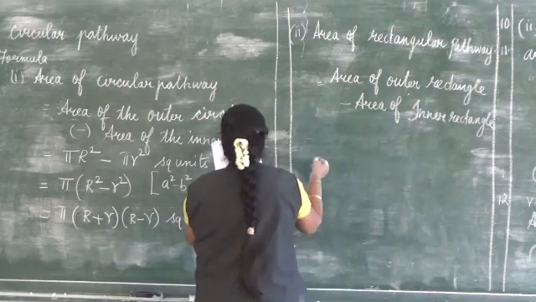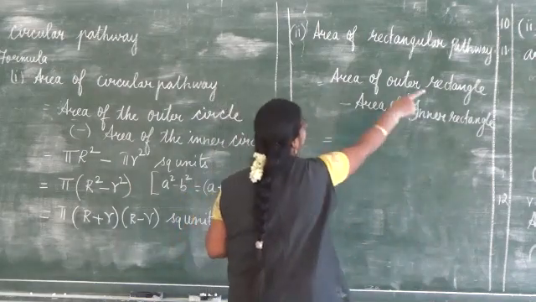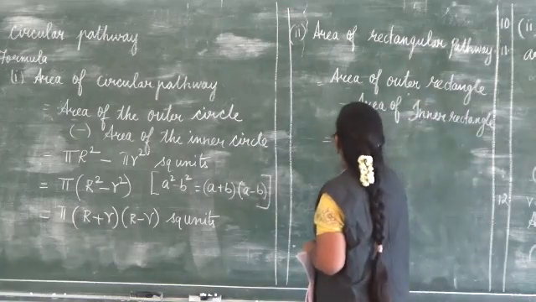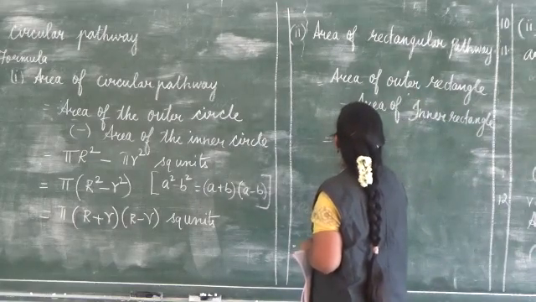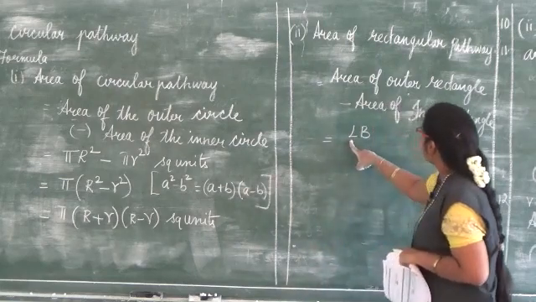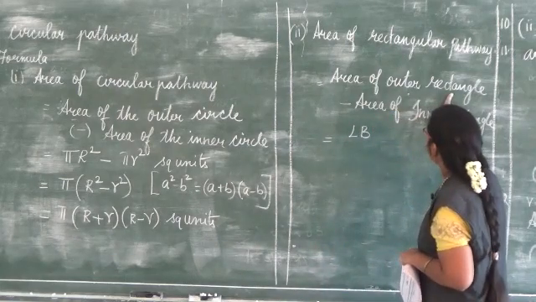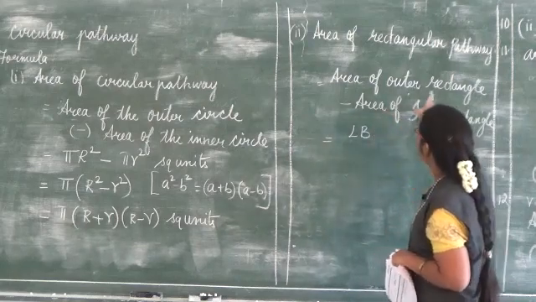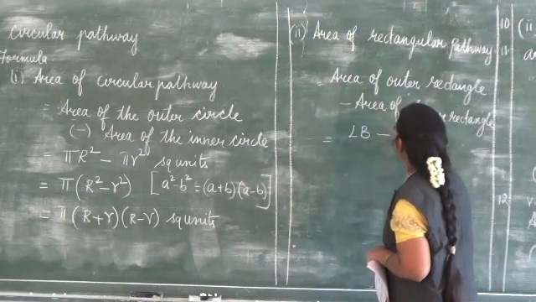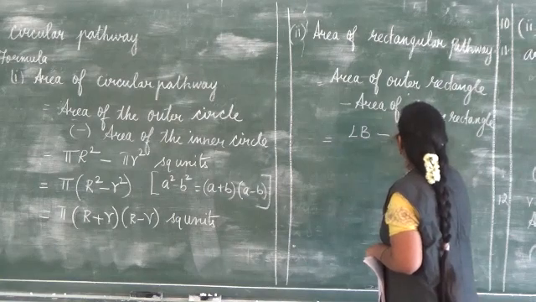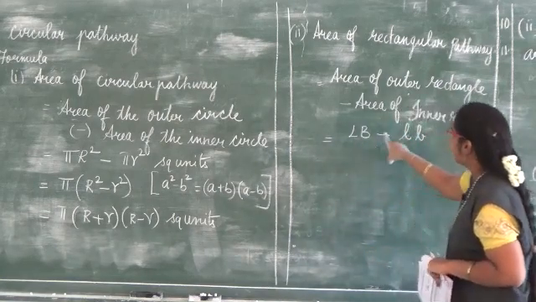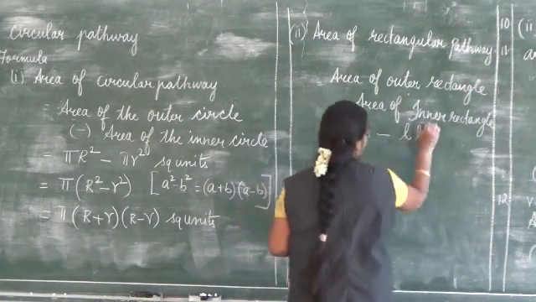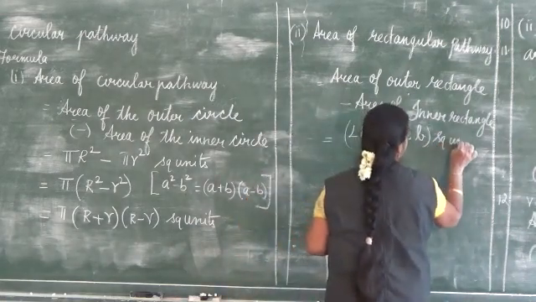We know that area of the rectangle is LB. Capital LB, why we are writing capital L: it is the outer rectangle, so the breadth is also capital B. Minus small l, small b. So capital LB minus small l, small b square units.